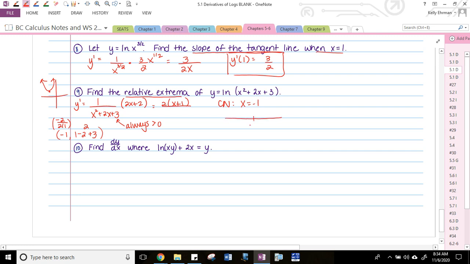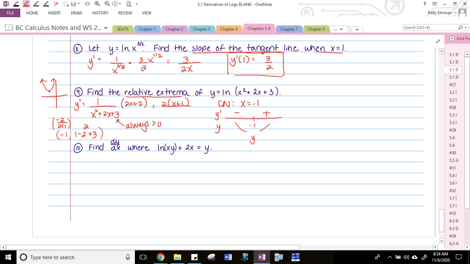And so when we test on a number line for y prime and what's happening with y, if I put in something like negative 2, remember the denominator is always positive, so 2 times negative 1 divided by a positive is negative. And if you put in something greater than negative 1 like 0, you're going to get 2 times a positive 1 divided by a positive. Find the relative extrema.